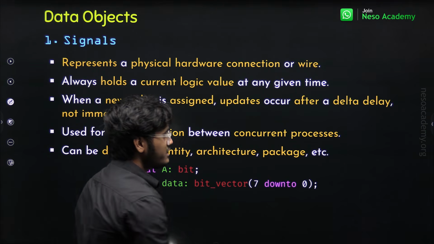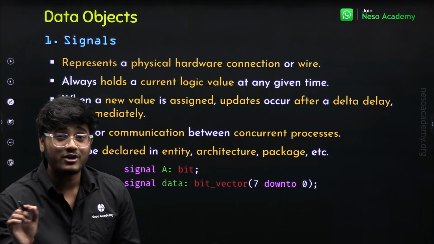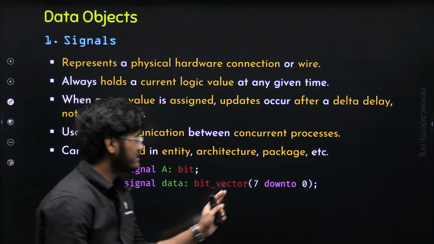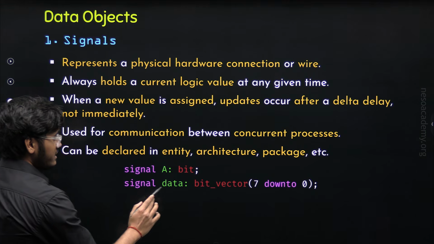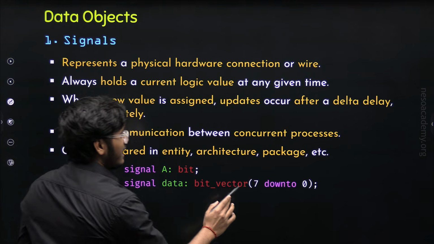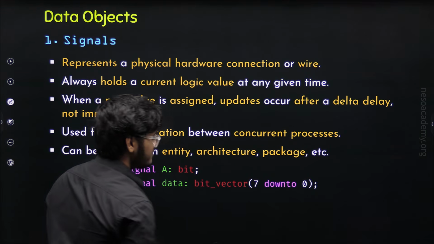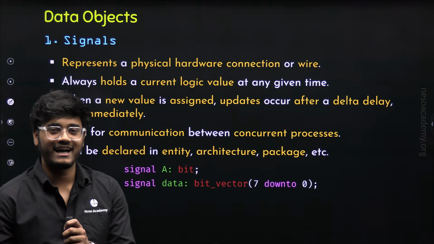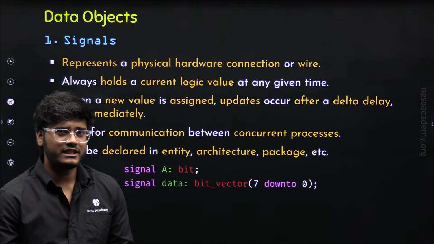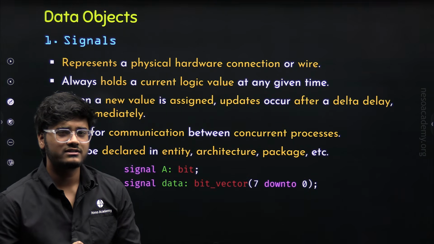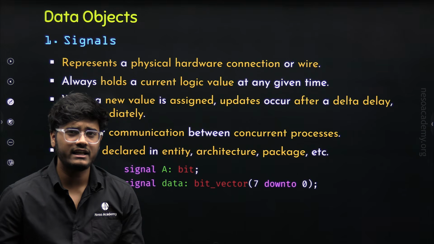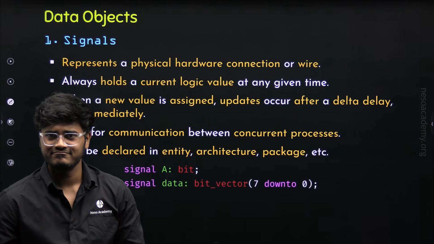And 7 downto 0 represents the length of the array. Here it is 8-bit. So we are declaring a signal named data which can store an 8-bit vector or an 8-bit array. We have seen what is a delta delay. So the question is, can we store a time delay inside a signal? Let's see.